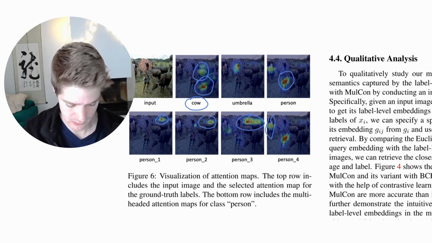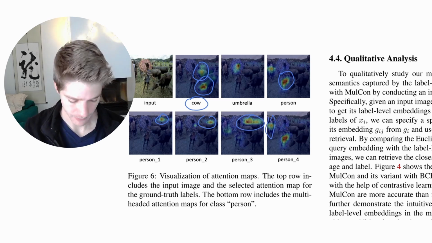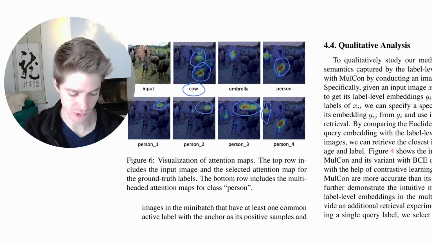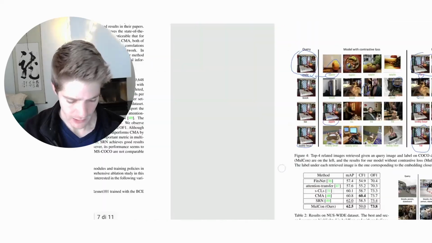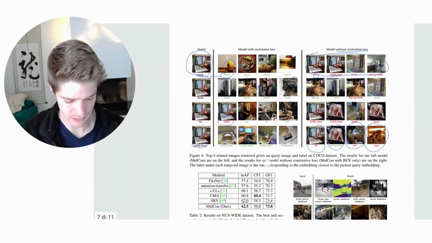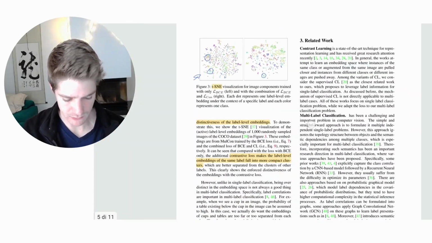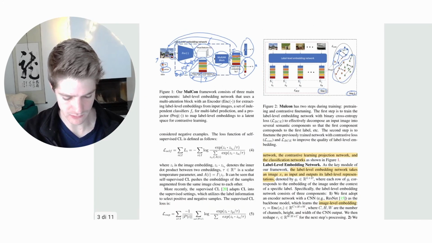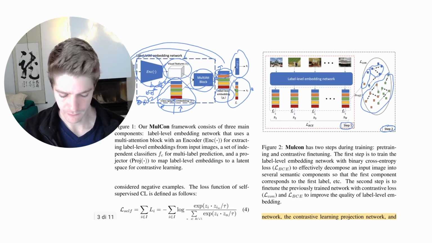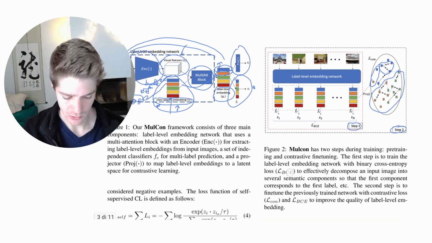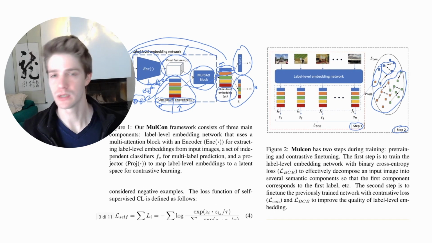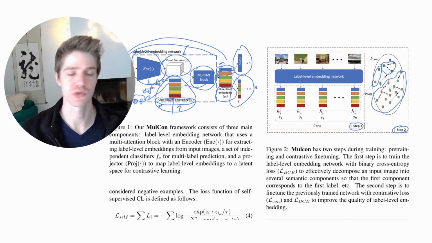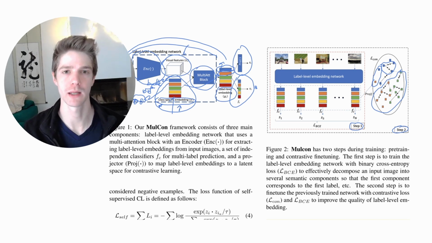So the attention map is concentrating on the correct part of the image. And that's basically it. I will stress the importance of this architecture that allows us to then use images with multilabels on every kind of contrastive learning paradigm you want.